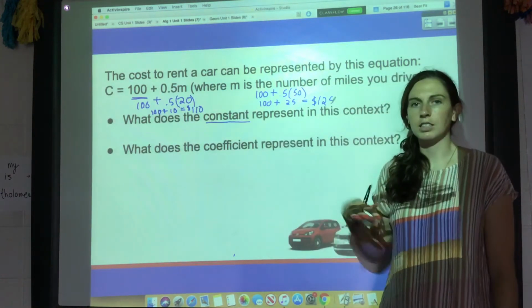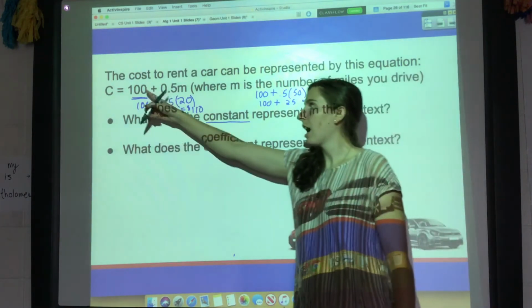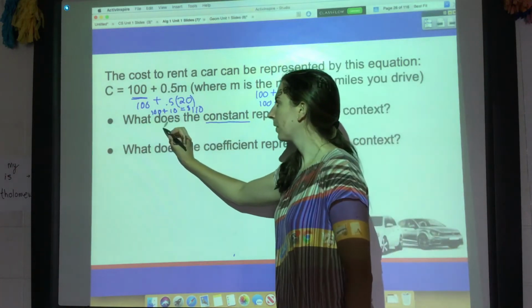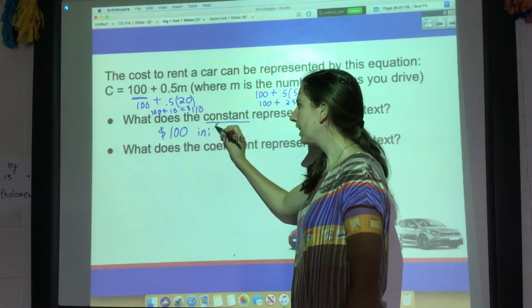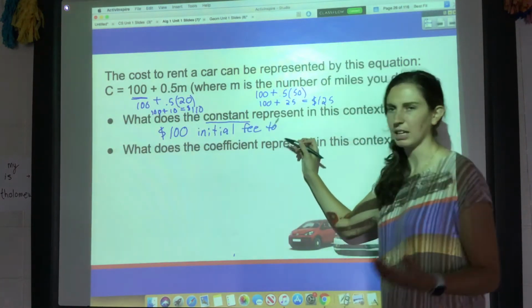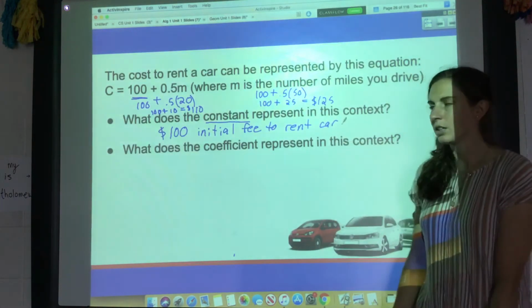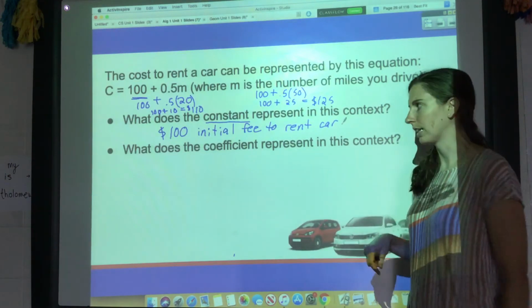So that's what the constant represents: no matter how many miles I drive, I've got to pay a base 100. So I'm going to put that it's a $100 initial fee to rent the car. You may describe that a little differently, but that's basically the gist. No matter how many miles I drive, I've got to pay that $100 fee to rent the car.